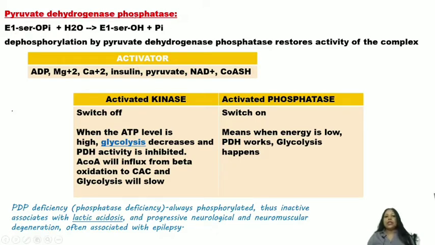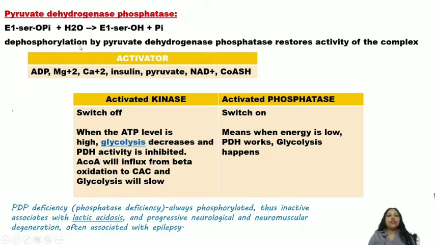So what does phosphatase do? It causes dephosphorylation, and where does it do dephosphorylation? Obviously where the kinase has put the phosphate, and we know that kinase has put phosphate on the E1 subunit. So basically phosphatase causes removal of phosphate by a hydrolysis reaction. You can see this from the reaction.